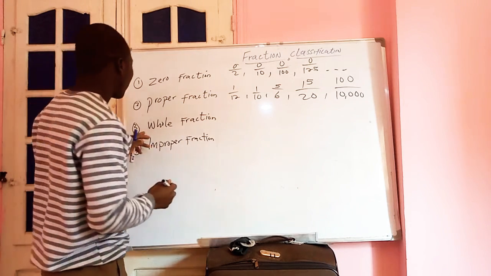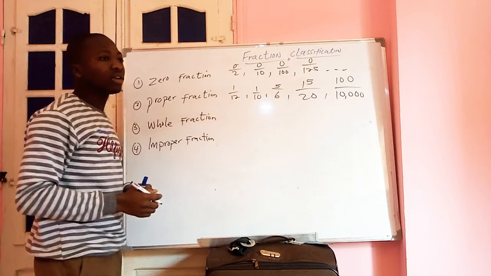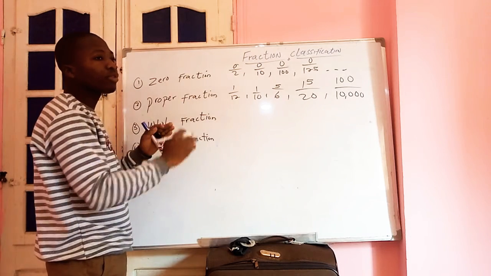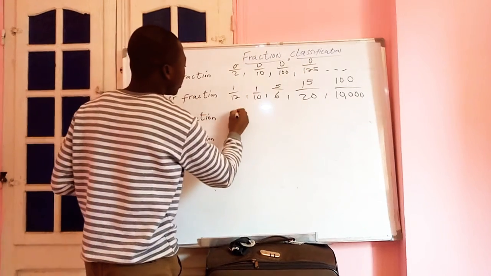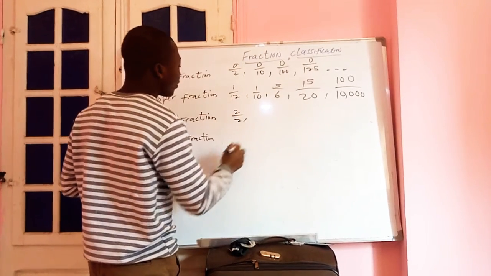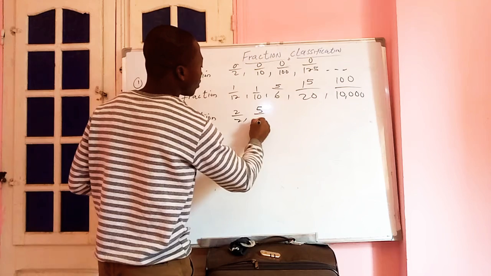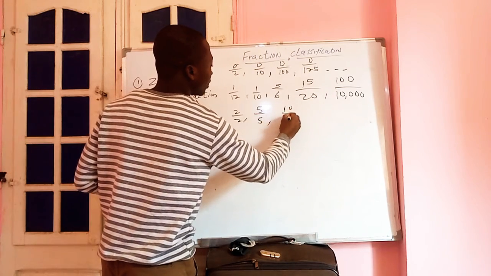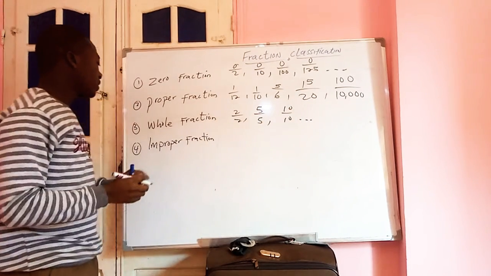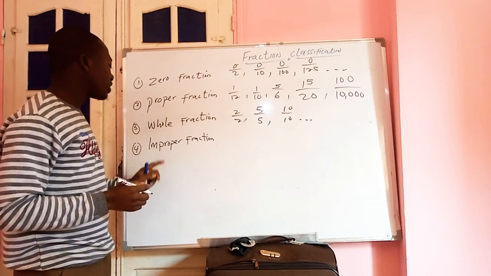So the next part is the whole fraction. In a whole fraction, the top and the bottom are the same number. 2 over 2 is a whole fraction. 5 over 5 is a whole fraction. 10 over 10, etc. The last classification of fraction is called the improper fraction.